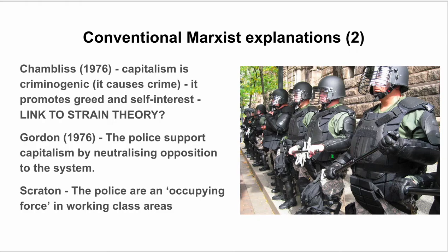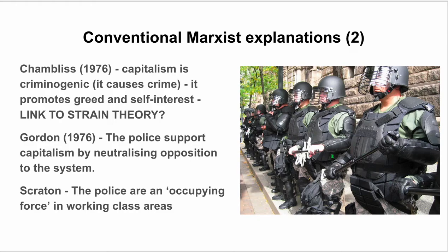And I've just put here, could we link this to strain theory, even though strain theory is functionalist, but Merton's idea of the goals of society, you could say, well, yeah, that's the capitalist goals. So Chambliss is similar in a way to strain theory, but Chambliss takes it a step further and says we are going after these goals, and some people are forced to commit crime to get to those goals.